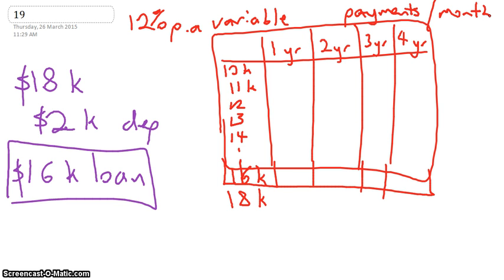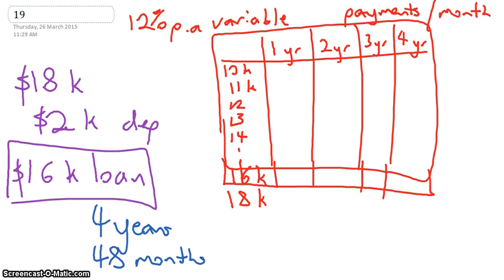This is payments per month, based on 12% per annum. So the next thing you've got to ask yourself, if he's borrowing it over 4 years, how many months? 48 months. Cool?